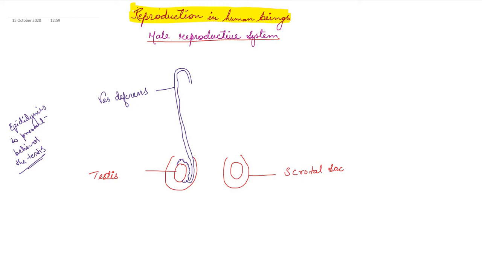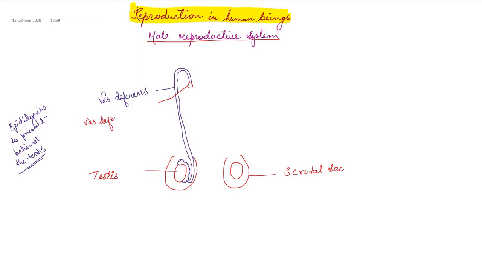After that, in this vas deferens, there is a swollen part, like this. This swollen part is known as vas deferens ampulla.